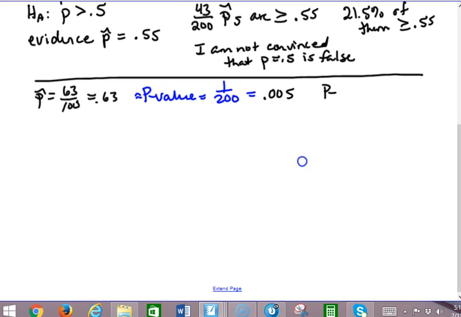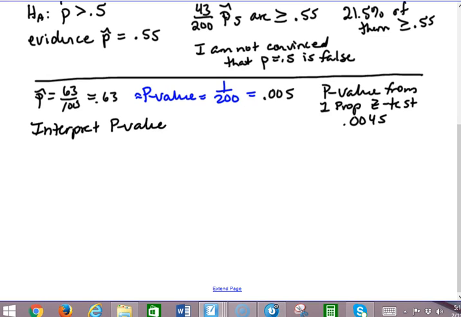So the p-value from the calculator, from the 1 proportion z test, and we'll learn how to calculate this later, is this actual value. So if I were to interpret the p-value, how would I interpret this?